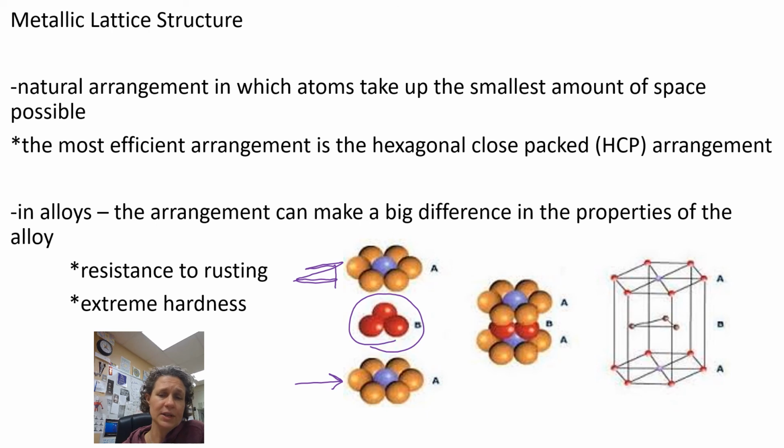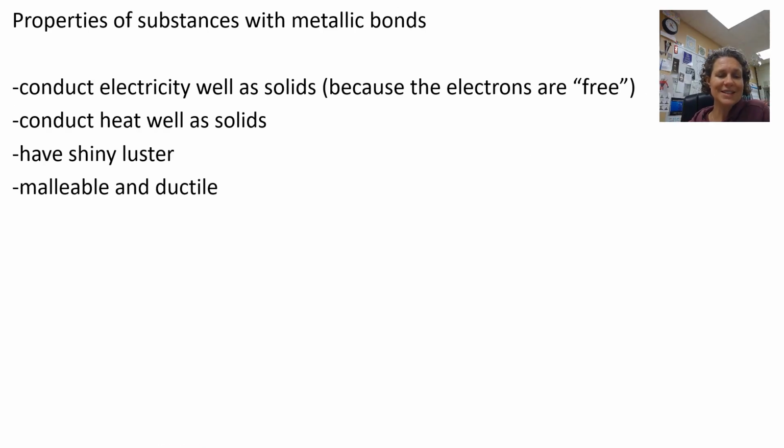In alloys, this packing is even easier with different types of metals, and this makes them very resistant to rusting, and gives them extreme hardness compared to pure metals. So again, it's a structure of how the atoms are fitting together.